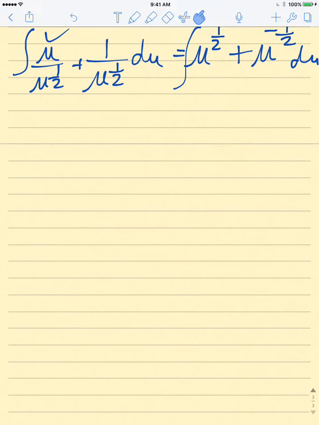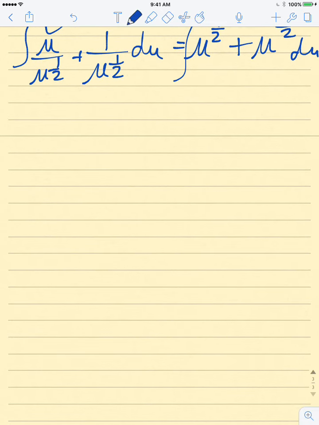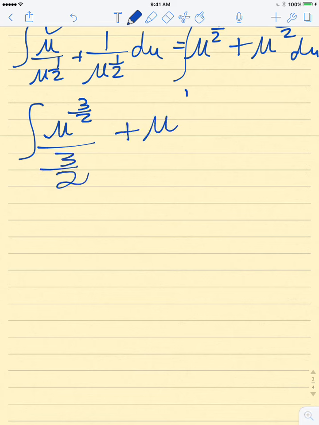And this ends up being u to the 3/2 over 3/2 plus u to the 1/2 over 1/2. And actually I'm integrating, so that integral sign should not be there.